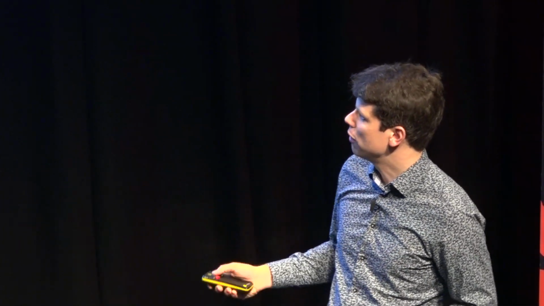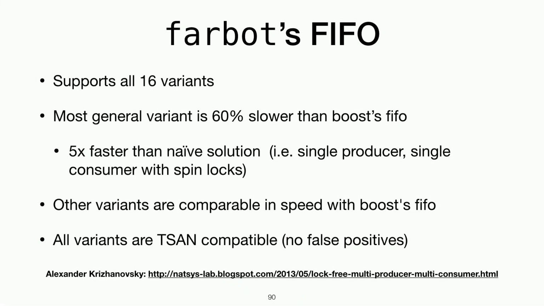And I didn't come up with this multiple consumer, multiple producer design pattern on my own. Alexander Krzyzanowski wrote a paper on these types of FIFOs, which is really, really interesting to read.